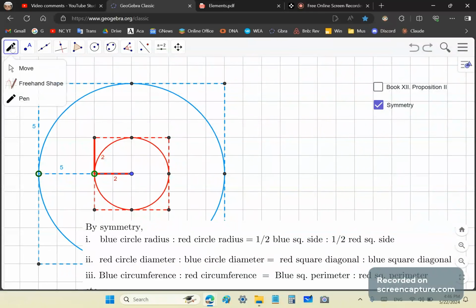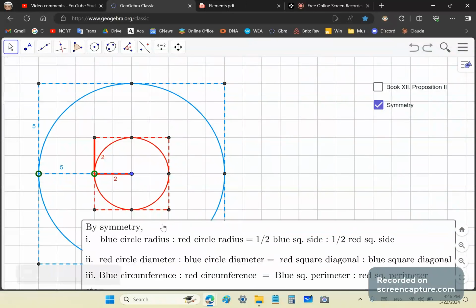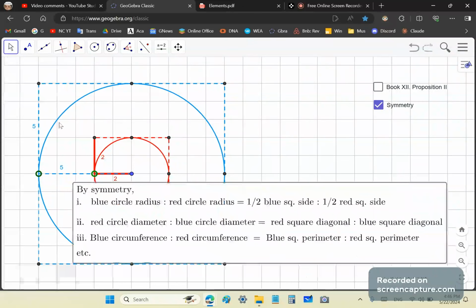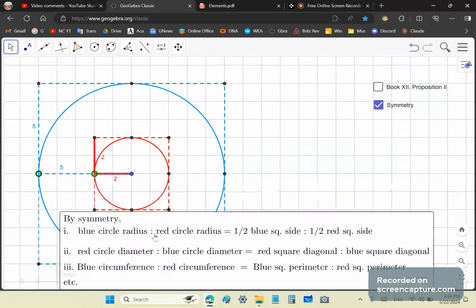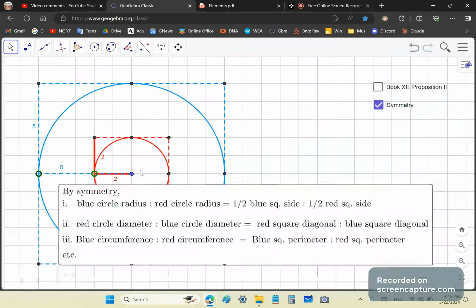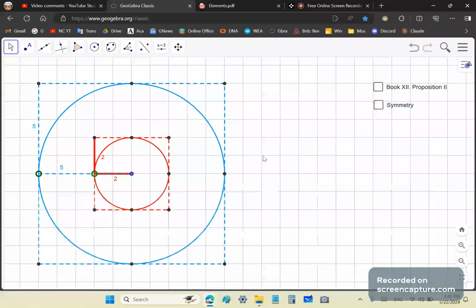And then, of course, it also says that the length of the blue circumference to the red circumference is equal to the blue square perimeter, this dotted line, to the red dotted line, all the way including the solid red line here. And there are many more ratios that you can derive from symmetry.